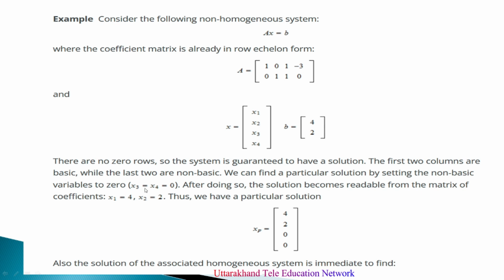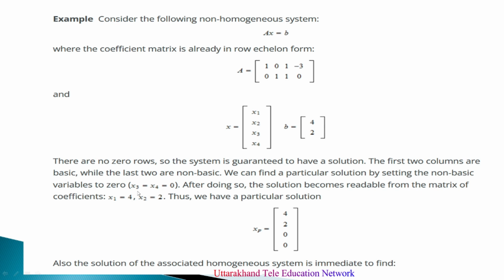Basic variables are part of the solution, and non-basic variables are not part of the solution. So a better way to find a solution is to put them 0, and we are heading towards a particular solution.